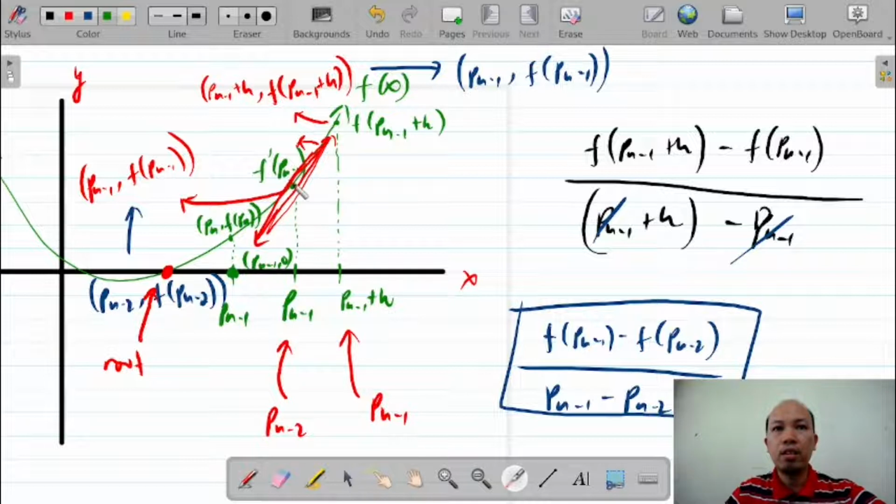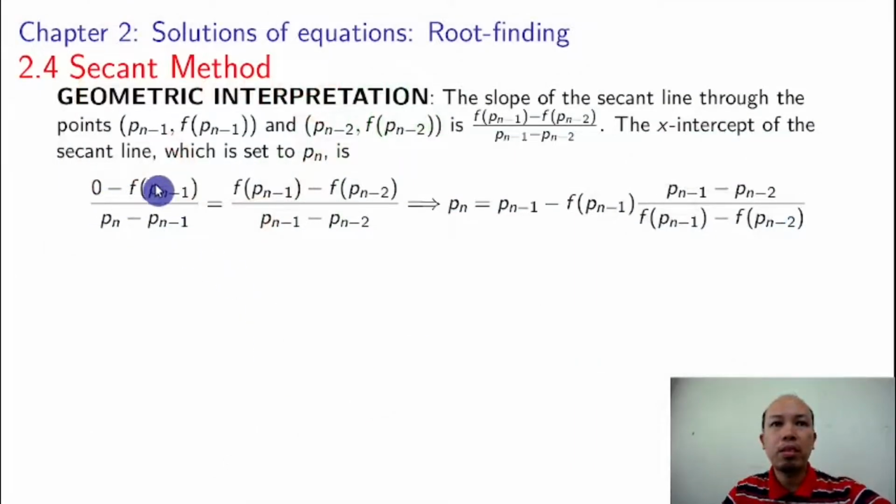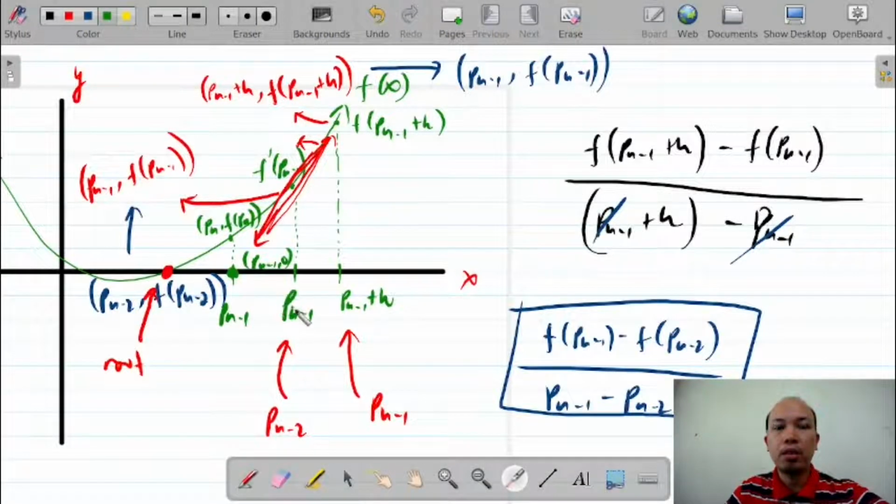This point is 0 minus that one, so go back to our PDF. 0 minus that one, and then on the x-axis we have this one here, p sub n minus p sub n minus 1.